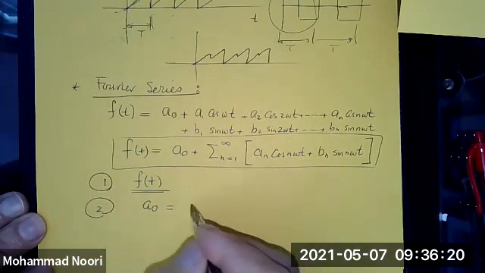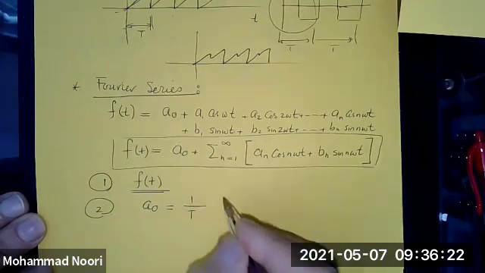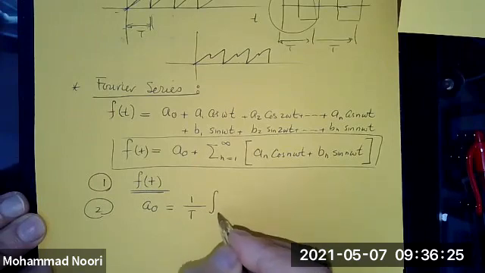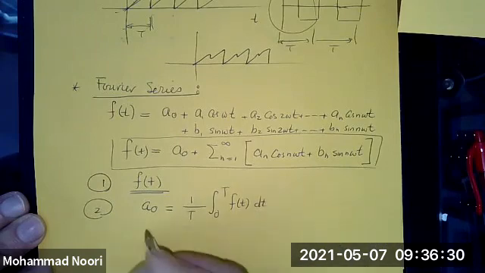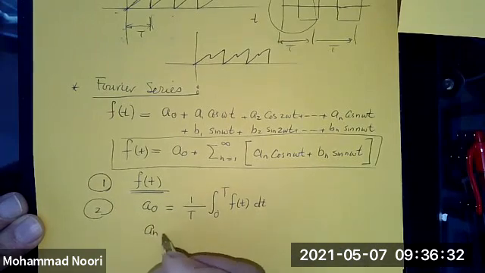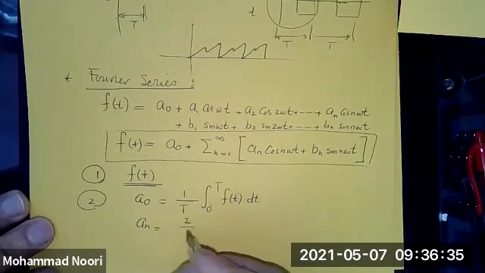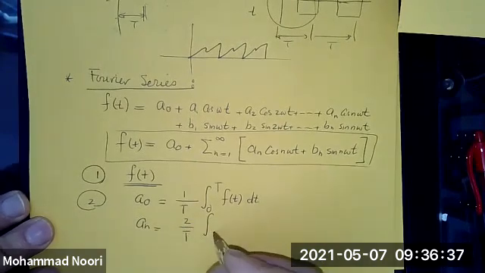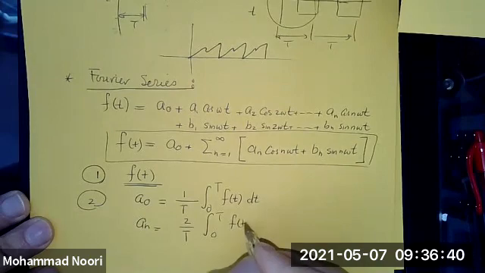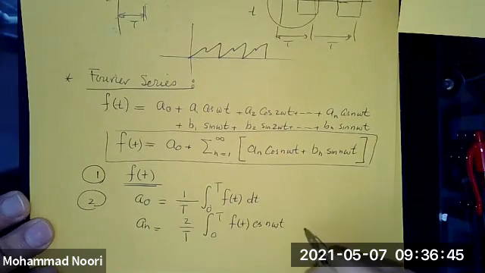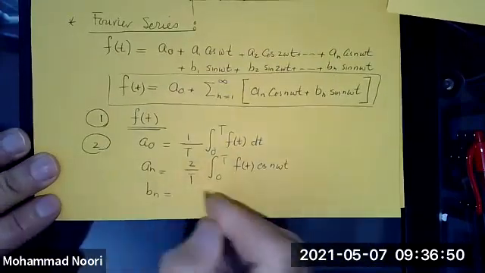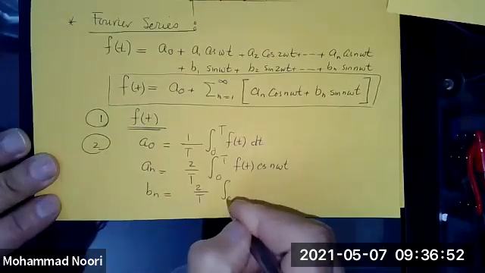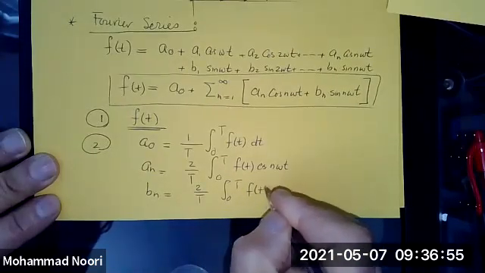A naught can be proven to be derived by evaluating this integral, okay? An is the outcome of this integral, cosine of n omega t, and b sub n is the outcome of this integral.